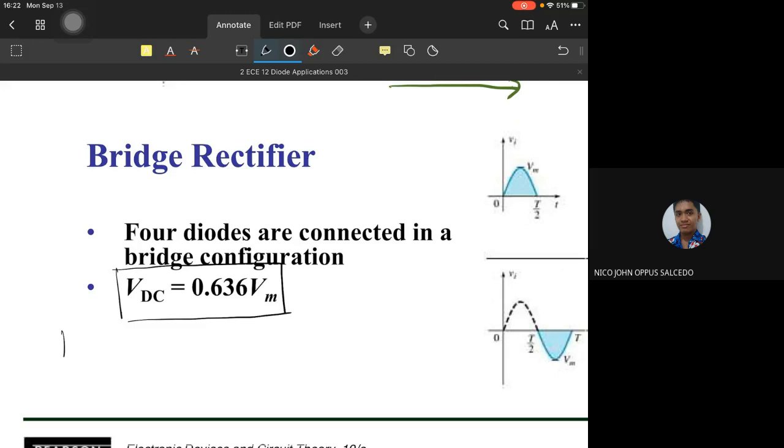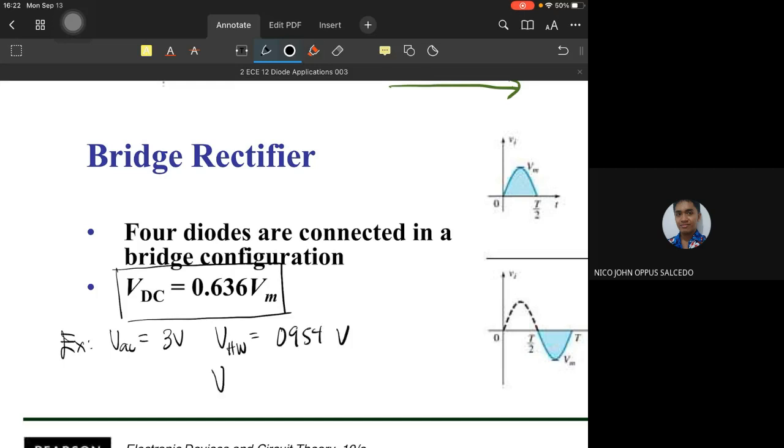So using our previous example, if our AC is 3 volts, with a half-wave rectifier the DC voltage is 3 times 0.318, so 0.954 volts only.